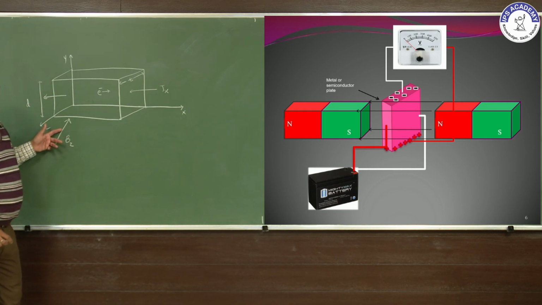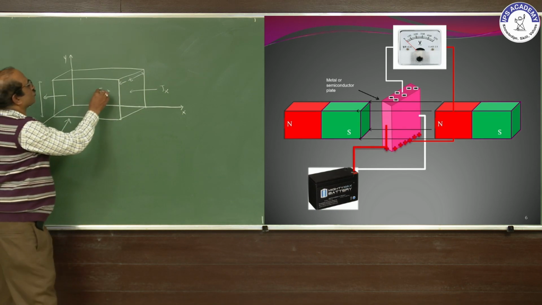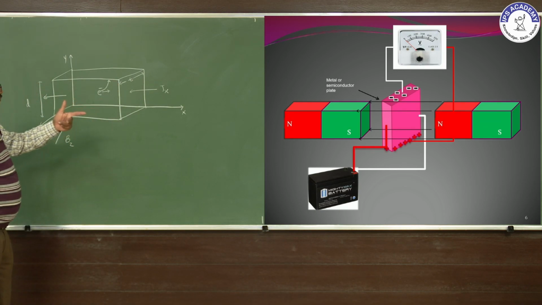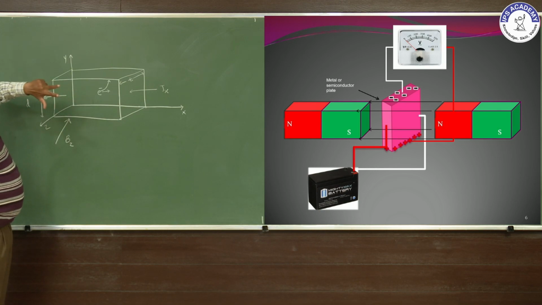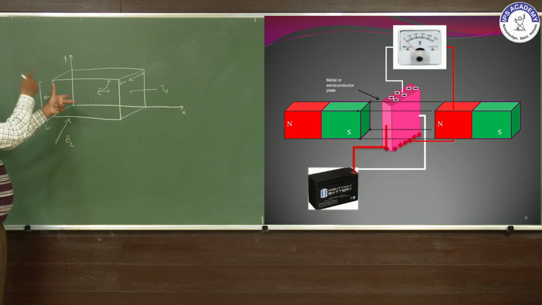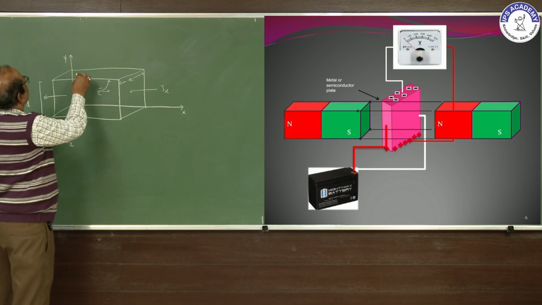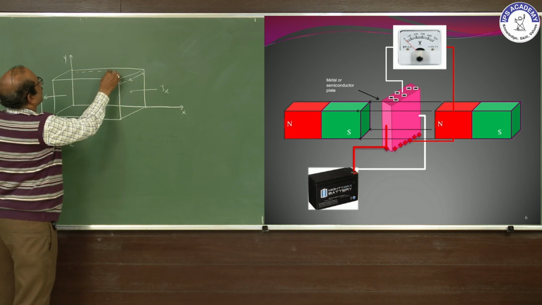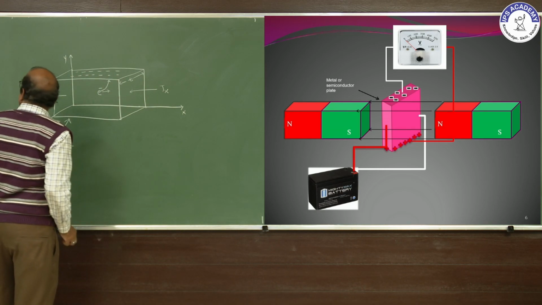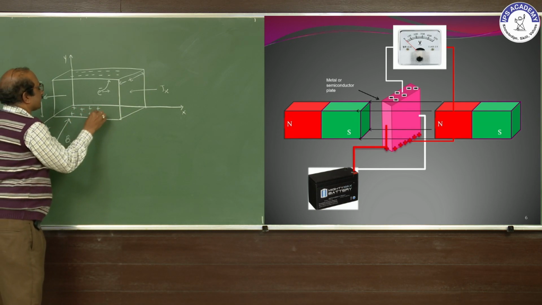As we switch on the magnetic field, the electron will deviate from its path to the upward direction according to Fleming's left hand rule, as I talked about earlier. The current flows along this direction, the magnetic field along this direction, so the thumb will show the direction of the induced EMF. The electrons will be deposited on the upper surface, and due to the vacancy of electrons, positive charge accumulates on the bottom surface.